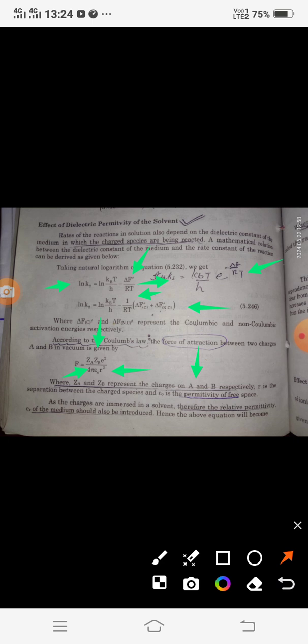As Coulomb talked about two particles attracting each other in free space or vacuum, but we are talking about the reaction taking place in a solution, we have to take an additional constant that is considered the relative permittivity constant, and we can show it with epsilon r.